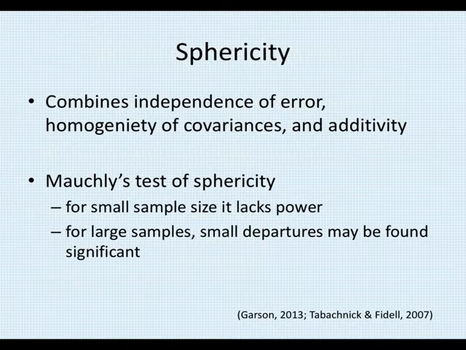We just look at it and see if it's significant or not. If it's significant, it means that it's violated, and then we have to make adjustment. But if it's non-significant, then we're good, and we move on with sphericity assumed. So it's kind of like Levene's test of homogeneity of variance. We just take a look, see if the p-value is significant or not, and then based on that, decide the next step.